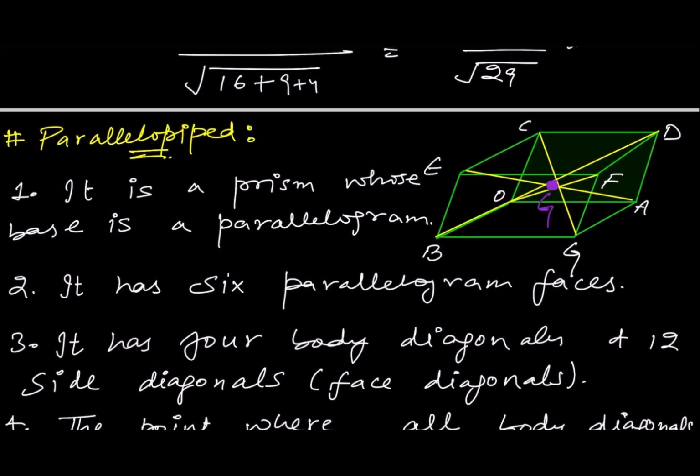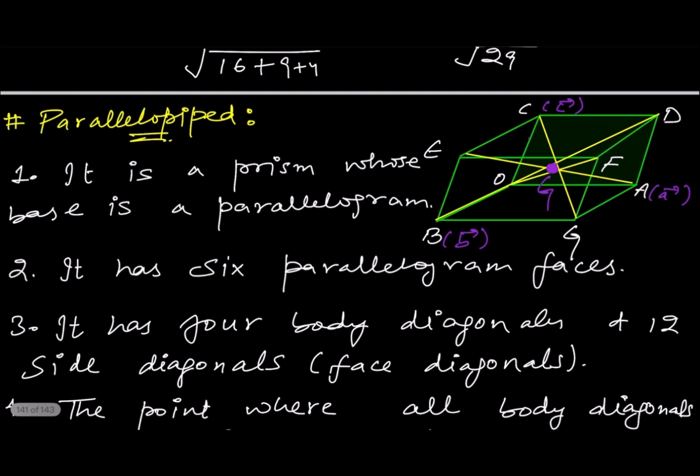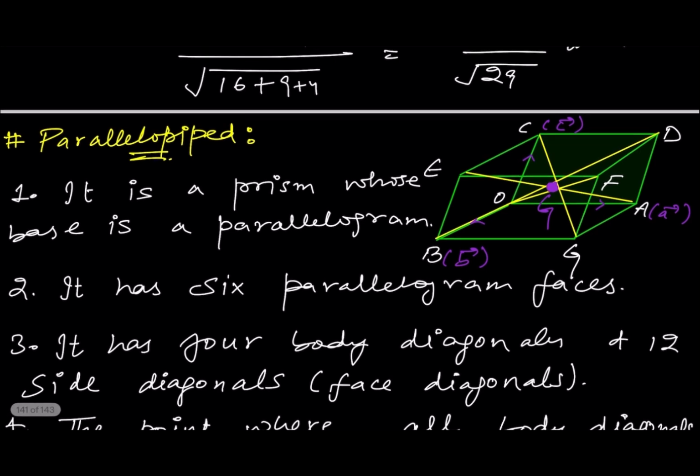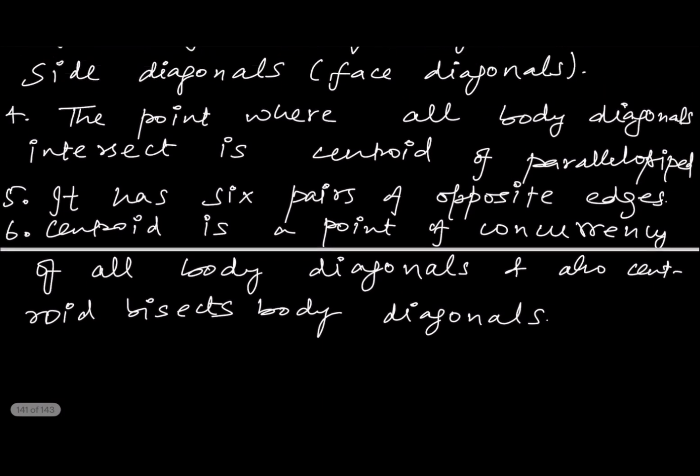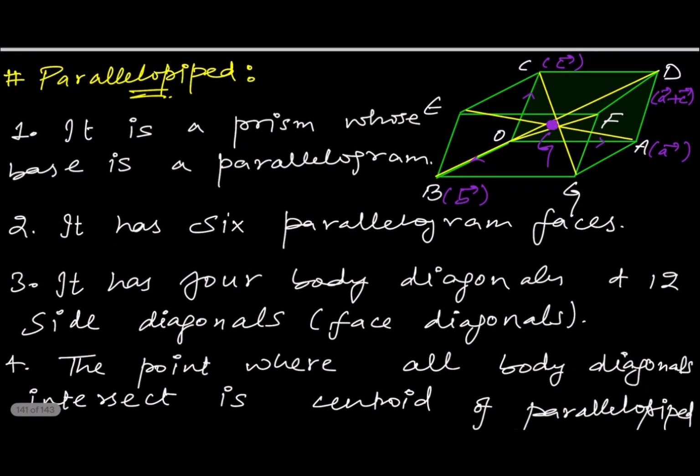So let's say the position vector of A is a vector, position vector of B is b vector, and position vector of C is c vector. So the position vector of T will become a vector plus c vector, right? Now what I have to prove?